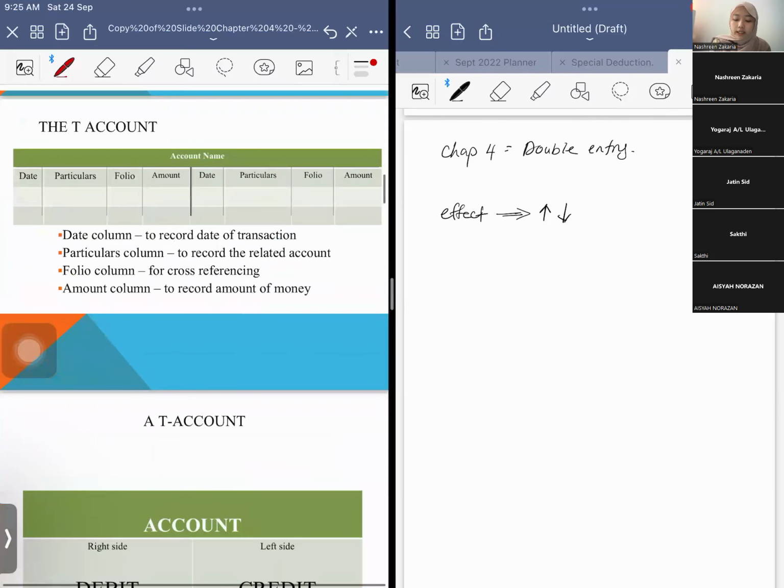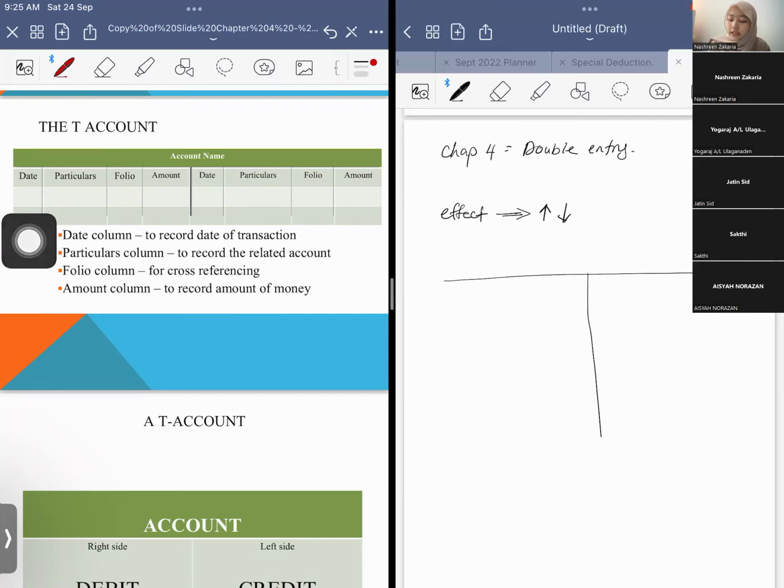Usually, the T account should have a date column and particulars column. This is the account name, let's say I put bank account here. The format of a T account should start with the date over here, and then particulars is the name of the account over here.